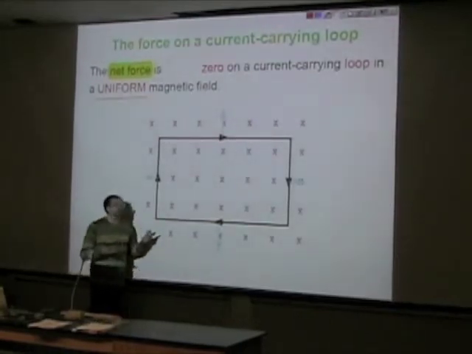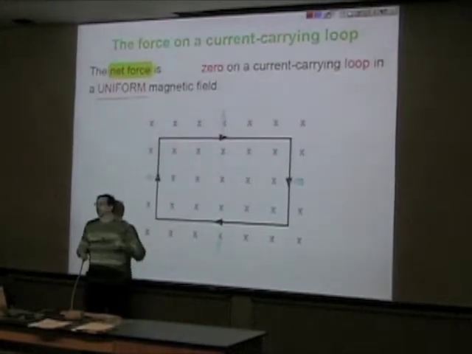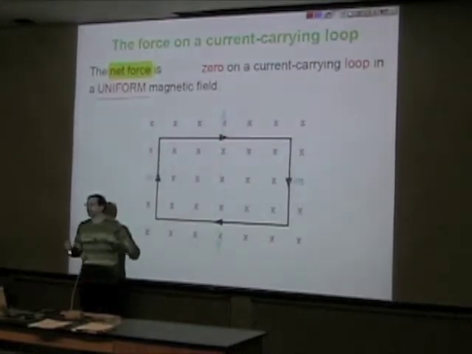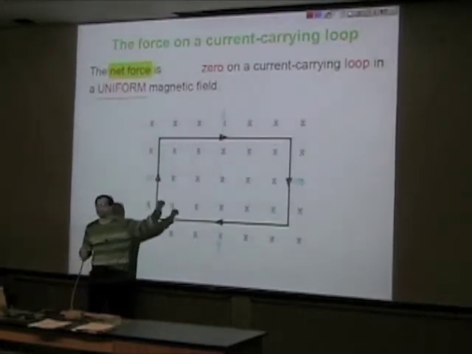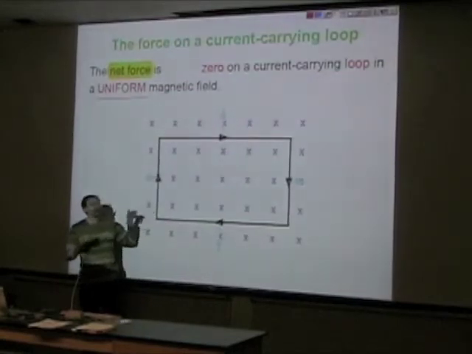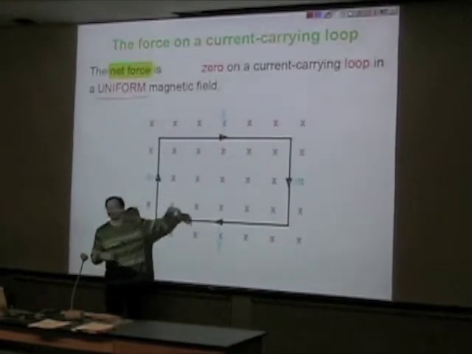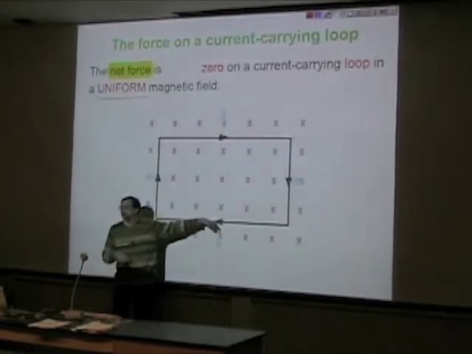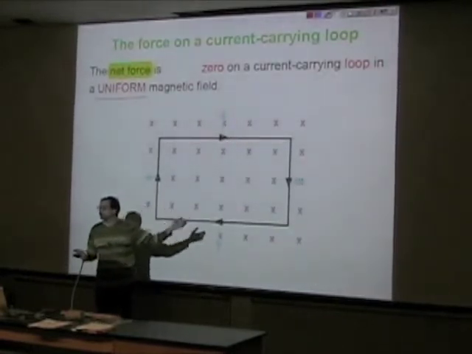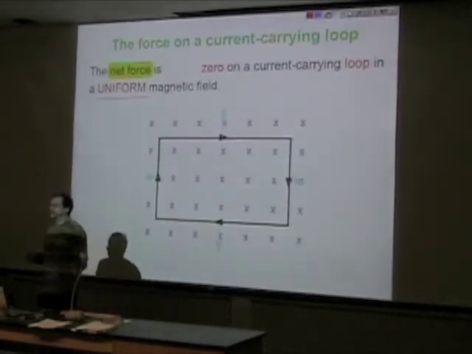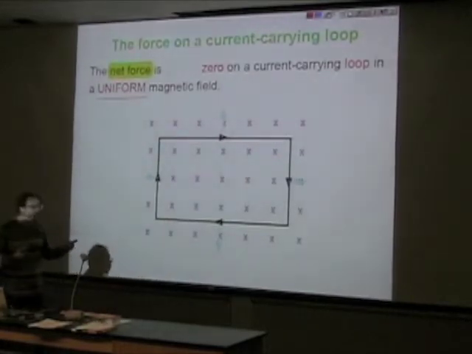However, we get all forces cancel out each other because, for example, this pair of forces, same length, opposite direction, cancel out. These pair of forces, same length, opposite direction, cancel out. So the net force acting on this loop is 0.